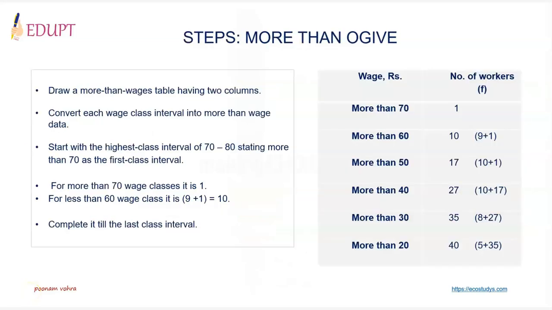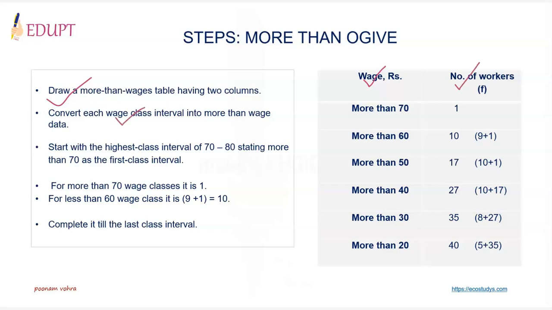Now let us understand the steps for more than cumulative frequency which will be converted into more than OGIVE. Here also we shall draw wages table with 2 columns, wages more than 70, 60 and so on, and number of workers.